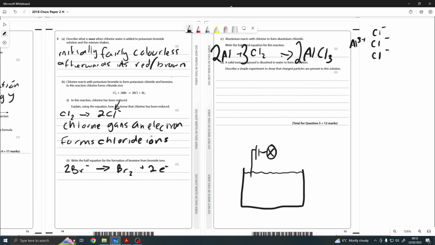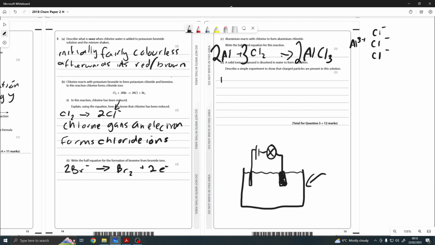You would stick that in there with an electrode, obviously complete the circuit with another electrode. Now obviously then if there are charged ions in there, charged particles are present in the solution, that bulb would light up because the electrons would be transferred to the solution.